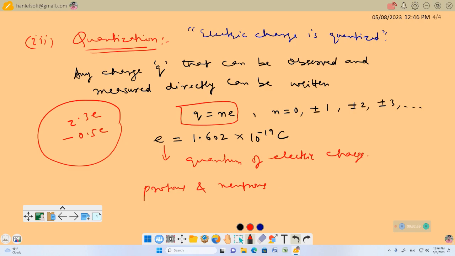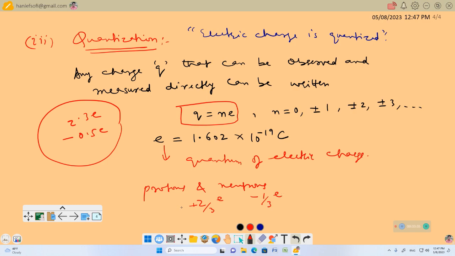For example, we have two kinds of quarks with reference to charge, the up quark and the down quark. Their charges are fractional values: plus 2 by 3e and minus 1 by 3e.